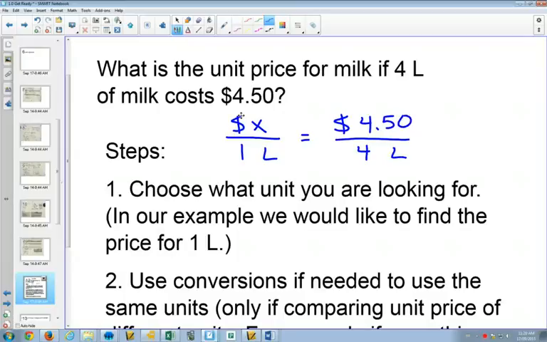Again, I added my units. I added L for liters. I added a dollar sign in there just to make sure that I have the same thing along the top. This is my cost. And I have the same thing on the bottom, which was my liters.